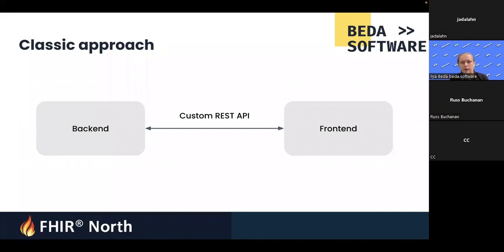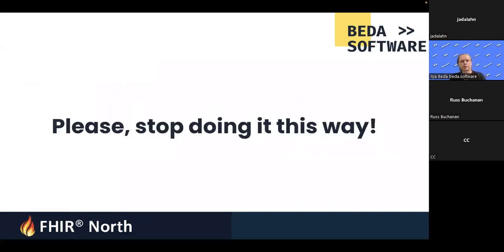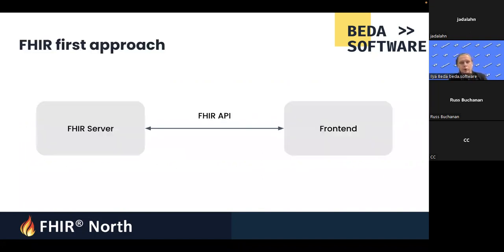We're talking about a health app. And if you think that you would like to build healthcare software with this classic approach, please stop doing it this way, because there is a much better option for building your healthcare application. I'm calling it the FHIR first approach, and it means that you don't need to write any backend code at all, or a very small amount of code.